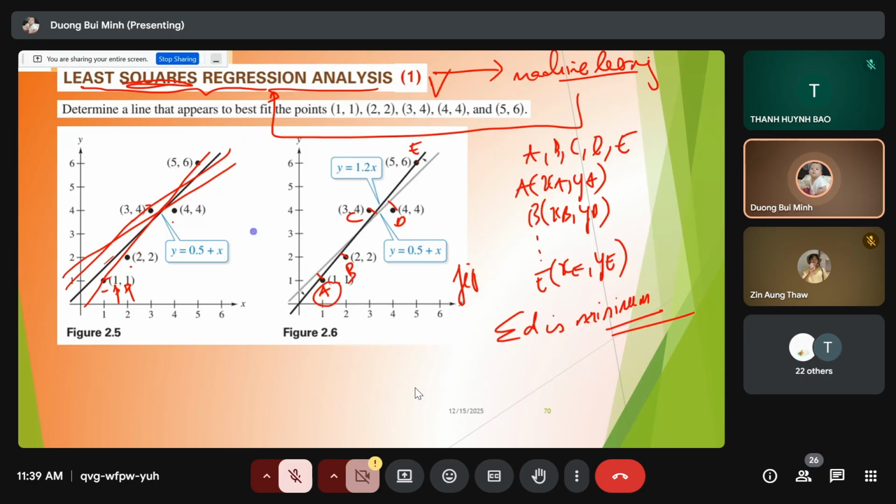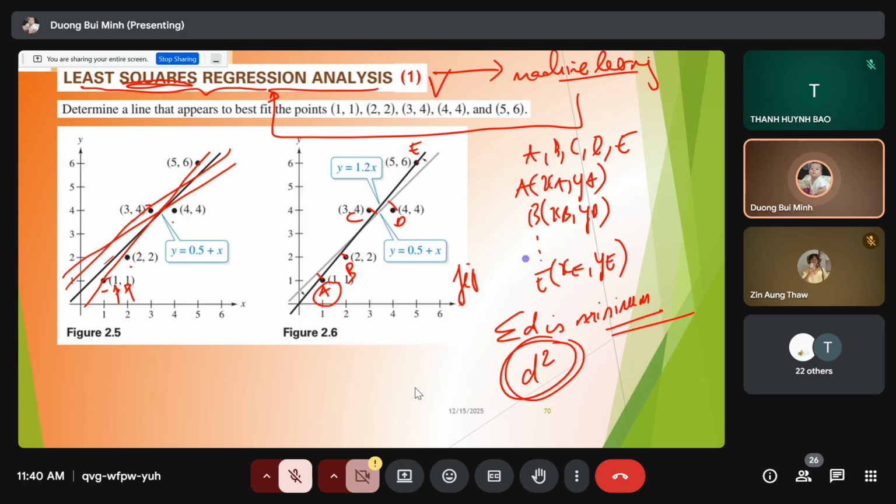So why do we have squares? Because the distance may be negative or may be positive. Normally the actual errors will be negative or positive.